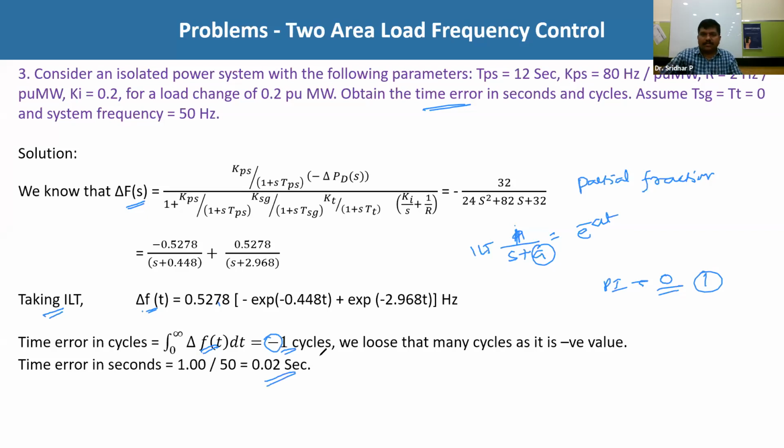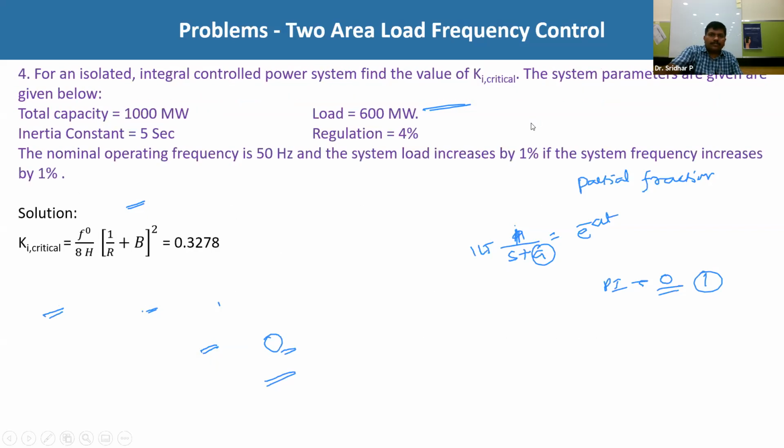Now this is about a few important problems, and we have one more important problem. For an isolated integral controlled power system, find the value of Ki critical. I will share today's derivation through WhatsApp immediately, and at the same time I will give this derivation also, Ki critical.